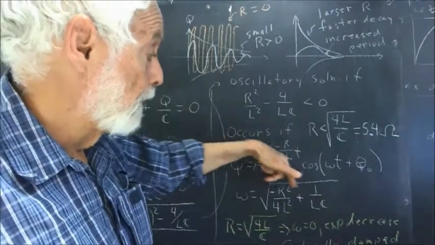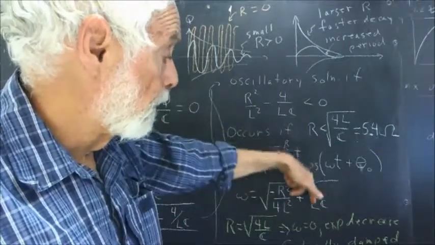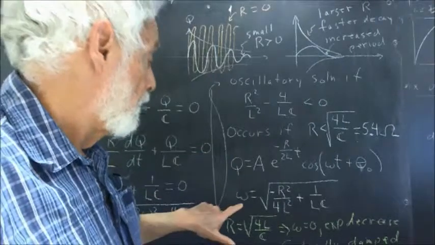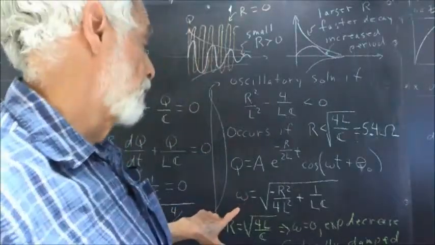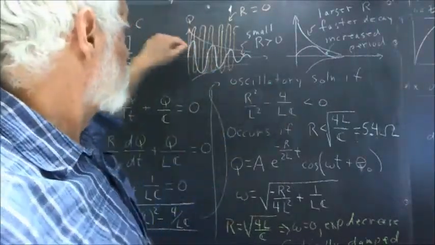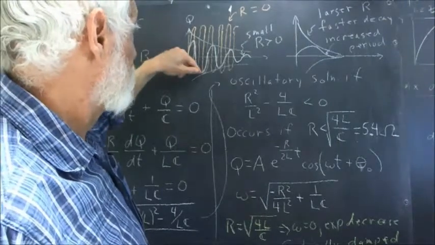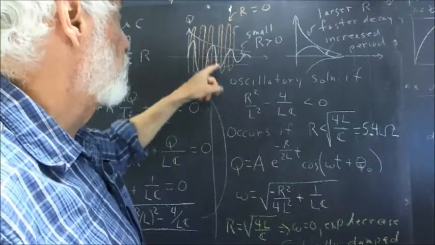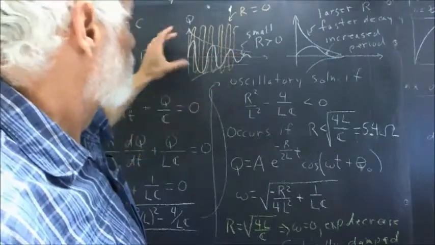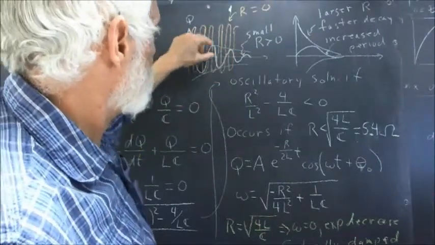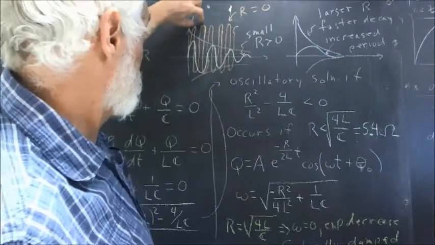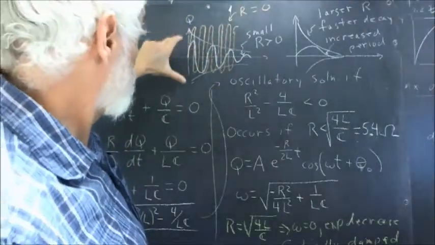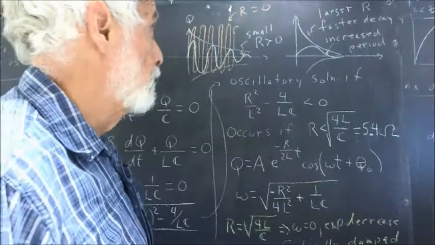The bigger R is, and the closer this is to 1 over LC, the less the angular frequency and the greater the period. So the oscillatory behavior has a lesser frequency. Okay, greater period. The oscillations are going to be spread out more. They're not going to be as frequent as these, and you're going to have the exponential decrease.